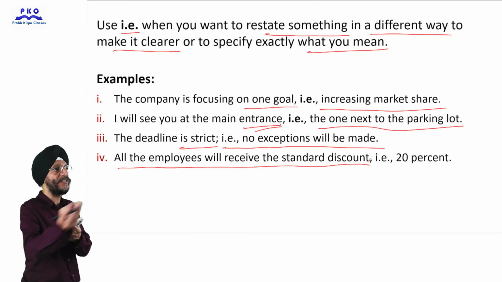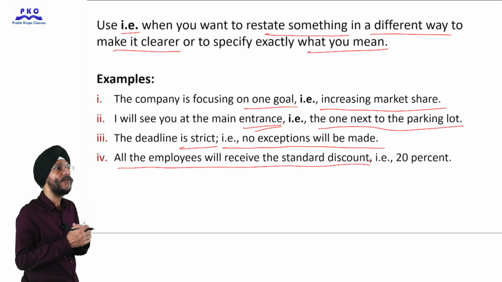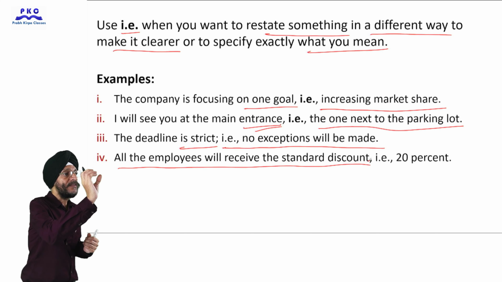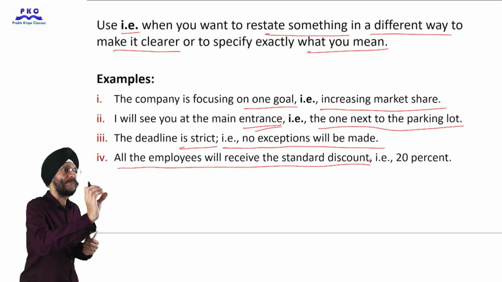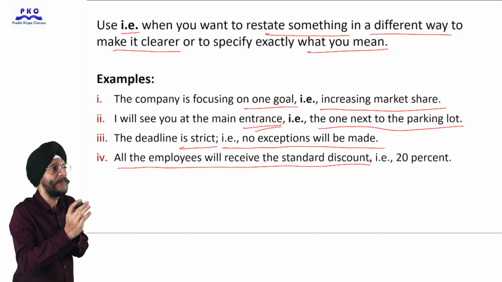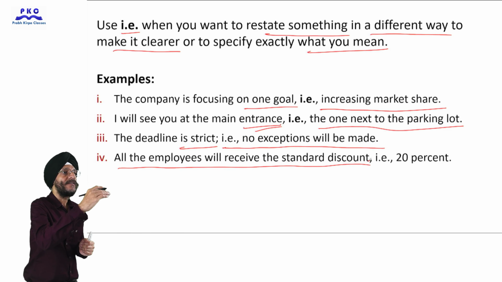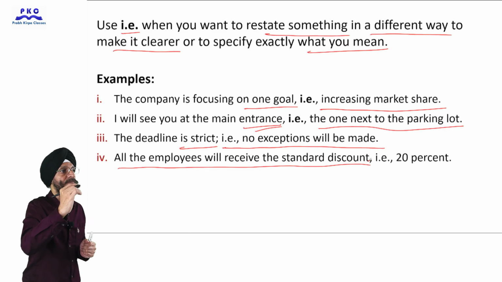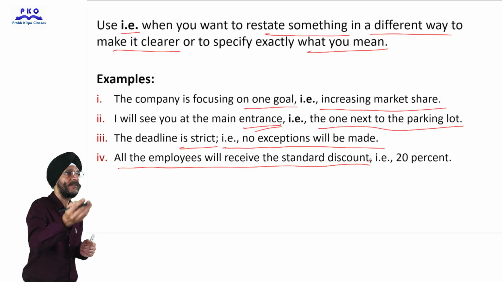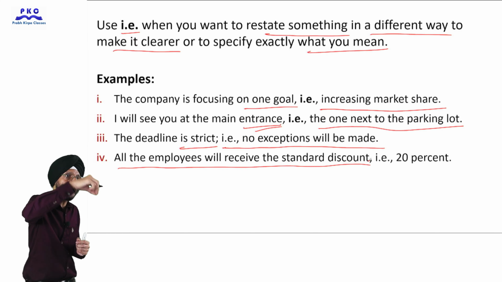It may be 5%, 10%, or 20%. Each organization may have different slabs of standard discounts. Some company may be giving a discount of 10%, another 20%. So here we are clarifying what the position is in our organization.